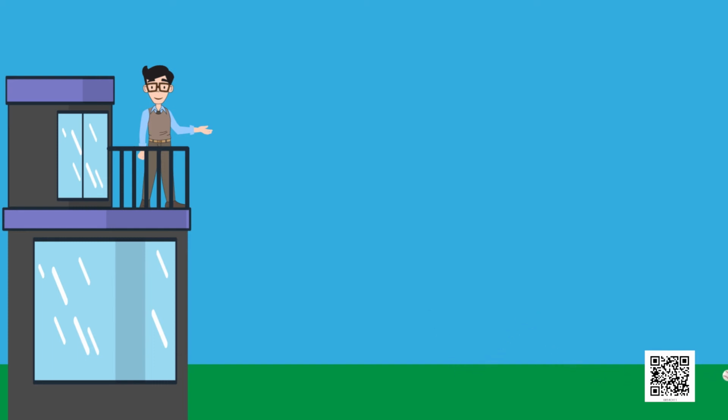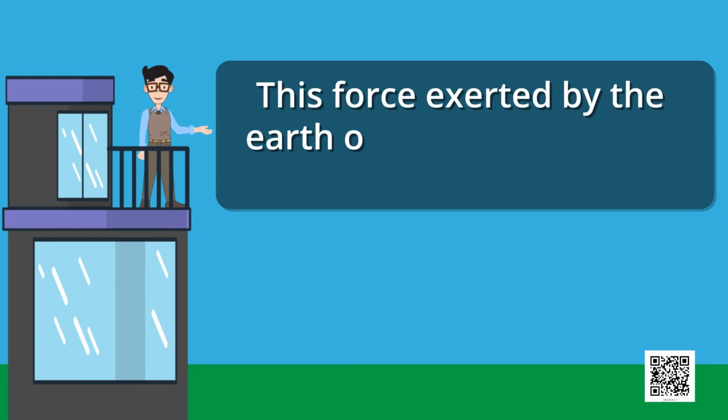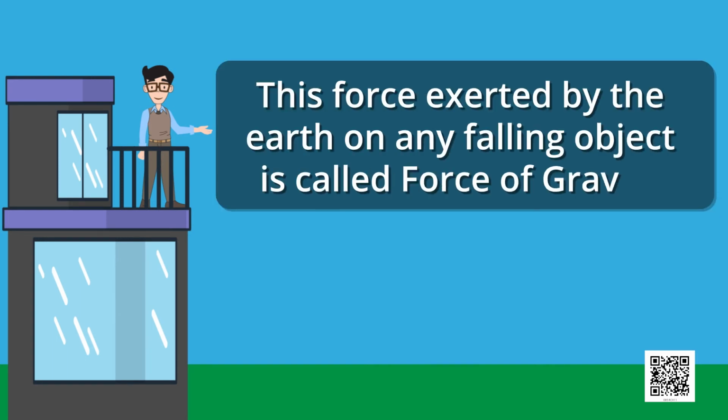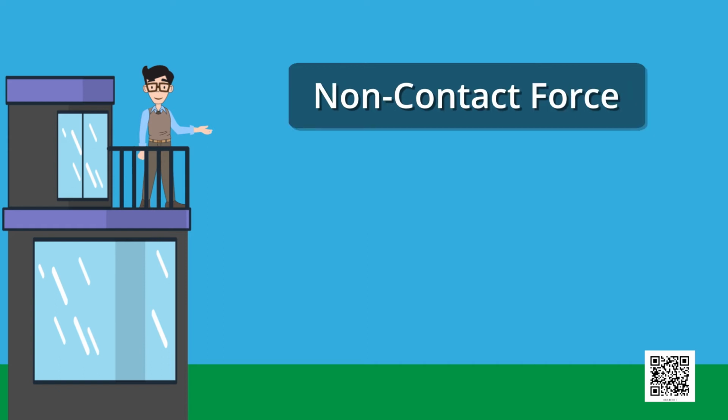All objects fall towards the earth because it pulls them. This force exerted by the earth on any falling object is called the force of gravity, or just gravity. This force is also an example of a non-contact force.